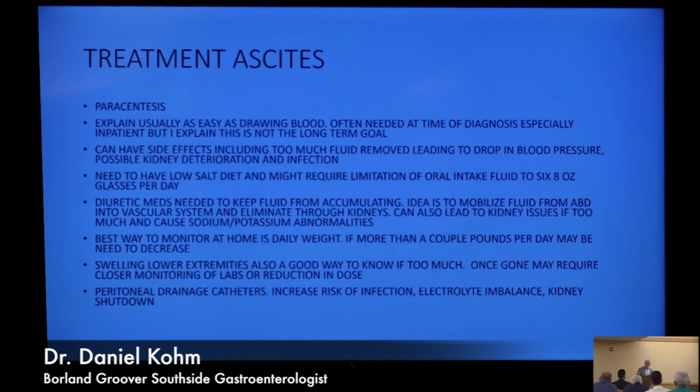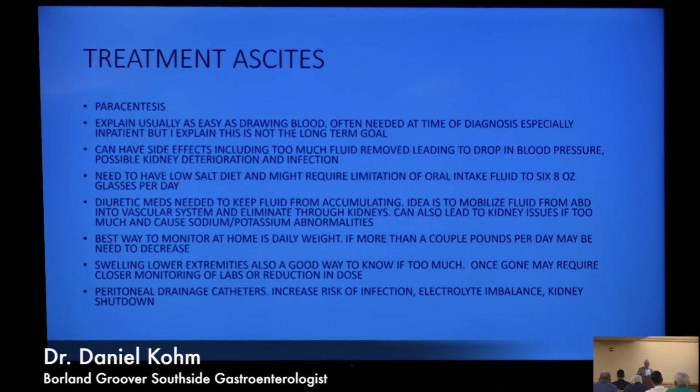Usually that's when you start to have problems with hyponatremia. You're on the diuretic, sodium's down to 128, 126. That's probably the major reason you wind up having to limit the fluid to 1,200 to 1,500 cc's a day, all told. And again, with diuretic therapy, the idea is to get the fluid to mobilize from the abdomen, and then you pee it out.